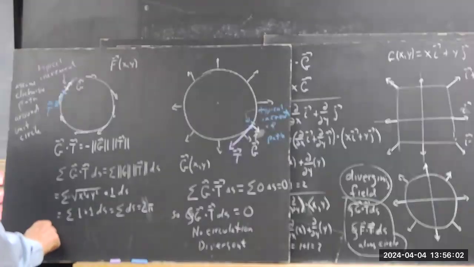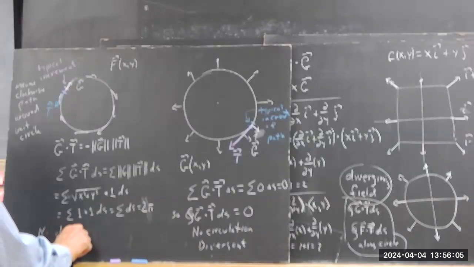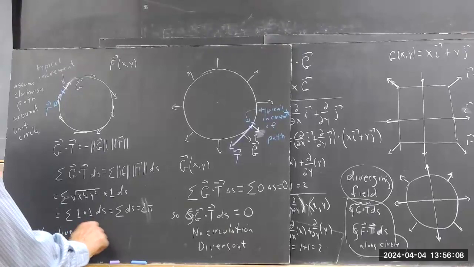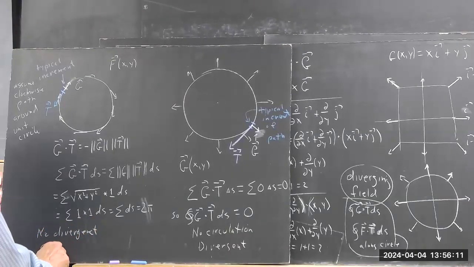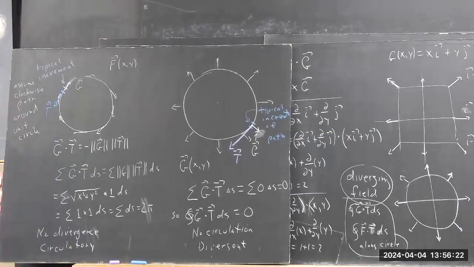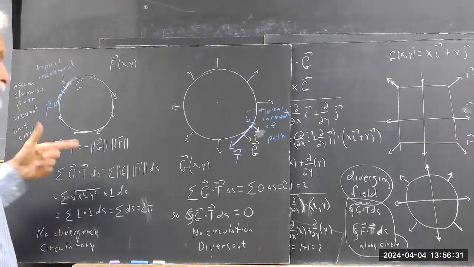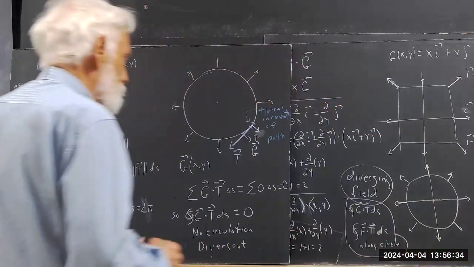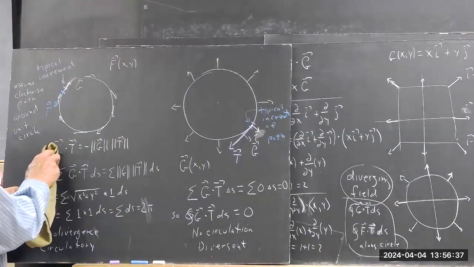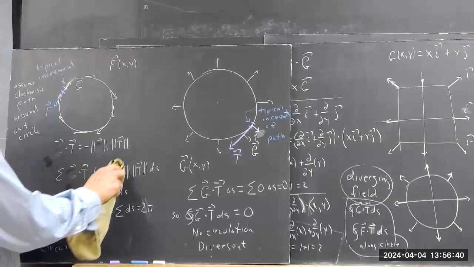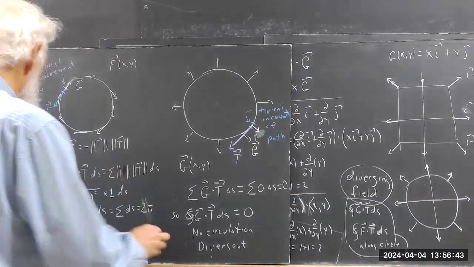Here, no divergence. It's circular. Again, these integrals provide you with a similar test. I used G throughout here when the function is out, so you don't have to stick around and watch me fix it. But I'll make sure it helps.